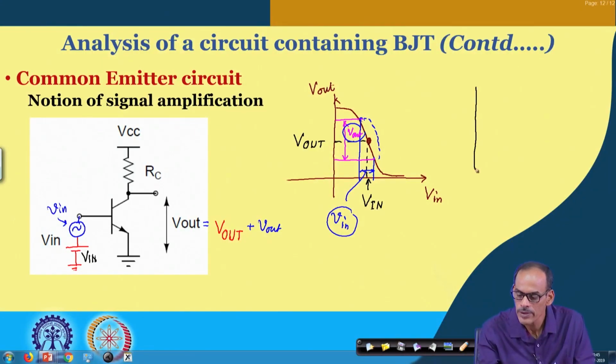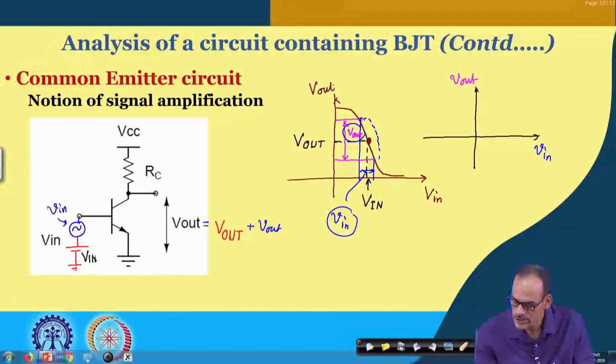Namely, let us consider now this small v in to small v out, and this whole characteristic now is getting shifted to the origin. So, you may say that the characteristic is only this part.